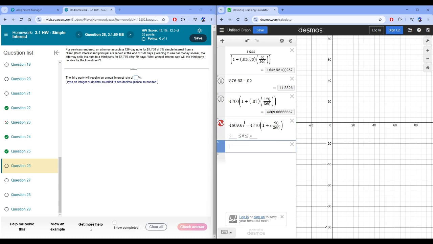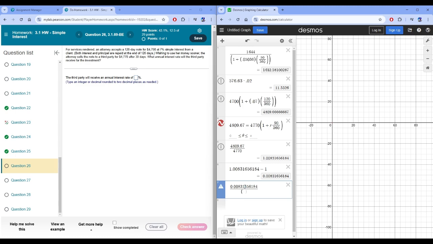So then the first step is going to be to divide both sides by that, minus 1. So we got to do 4809.67 divided by 4770, which gives me that number. I'm going to take that number minus 1, and then divide it by parentheses 90 over 360, and then with that number I get 3%.